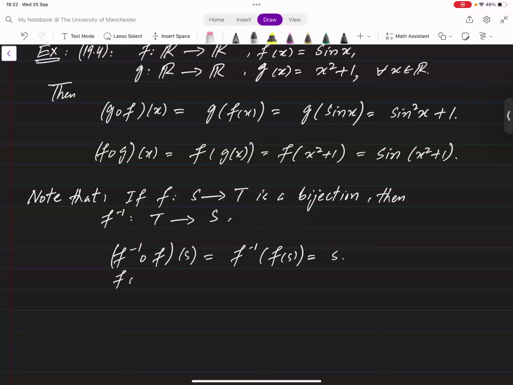And f compose f inverse of t is t again with the same rule.